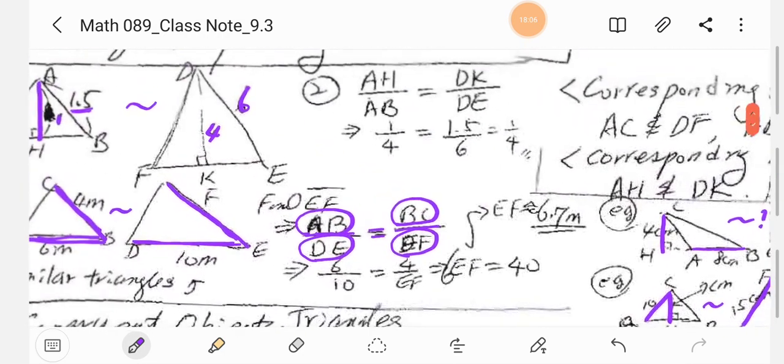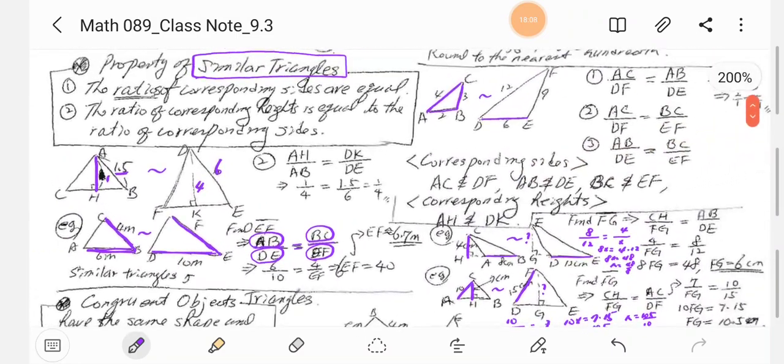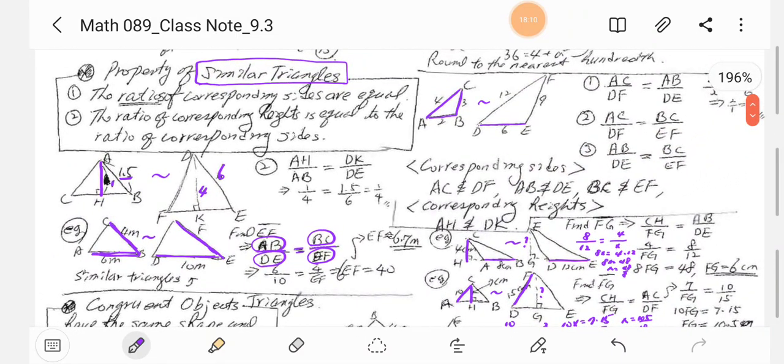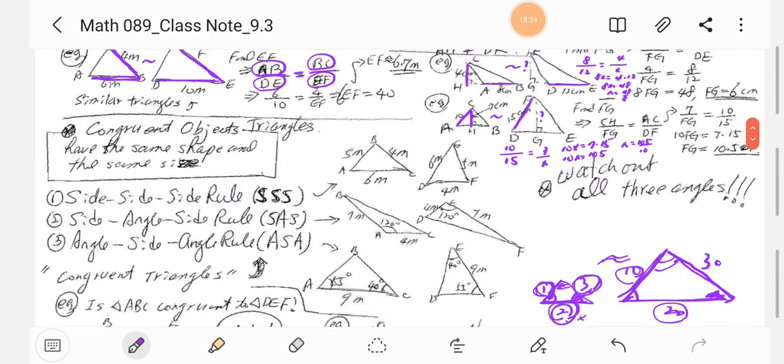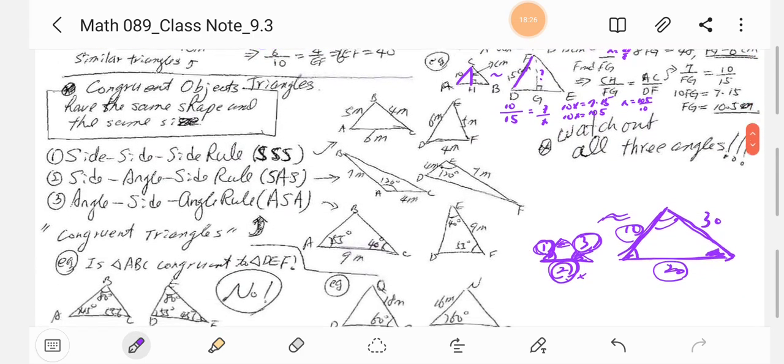Okay, so similar triangle is really useful. Using the similar triangle property, you can find unknown side lengths. Now congruent triangle. Congruent triangle is different from similar triangle. Similar triangles have different side lengths.